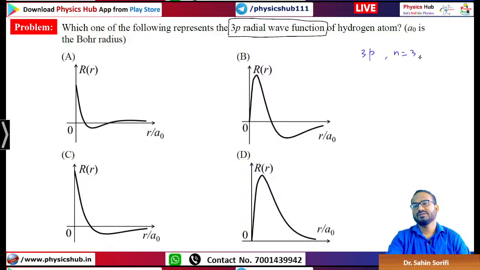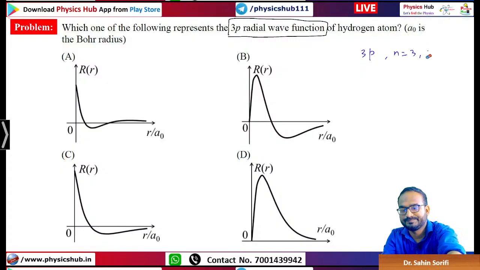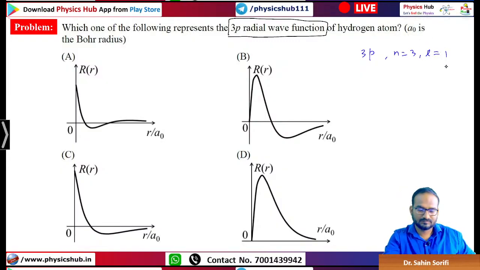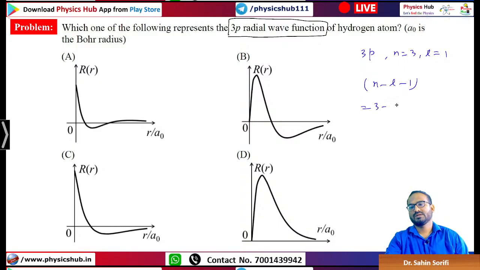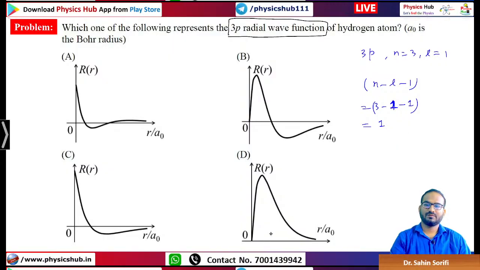n equals 3, p means l equals 1. So I think by looking at the nodes, n minus l minus 1, 3 minus 1 minus 1, for 3p there will be only one node.